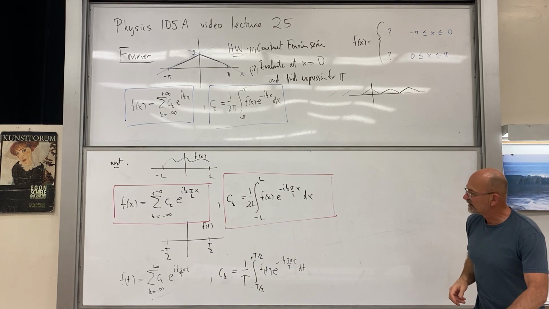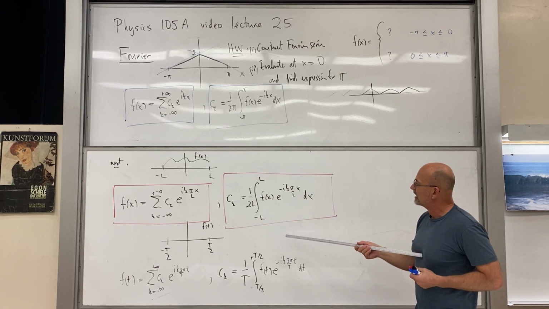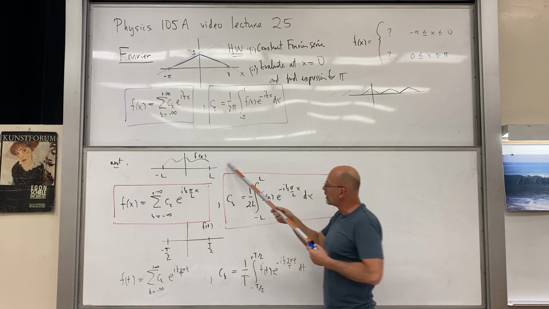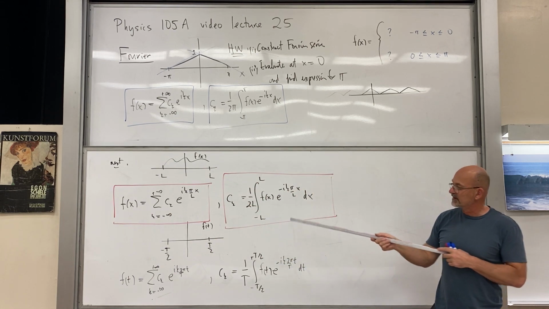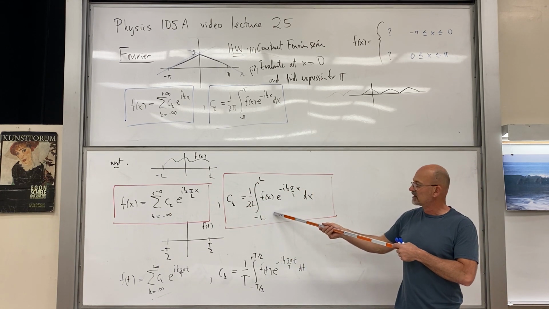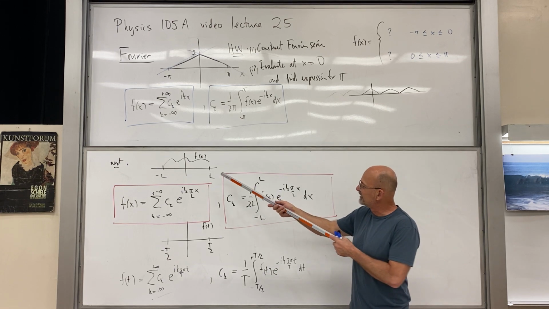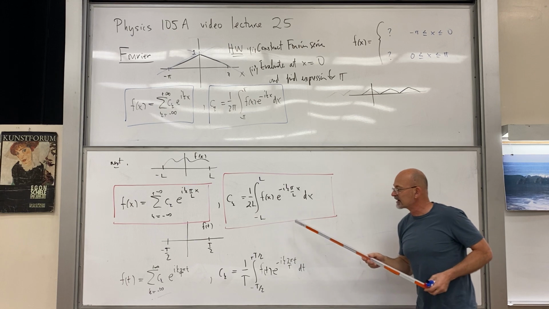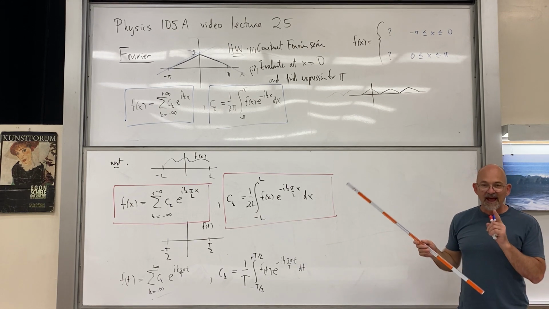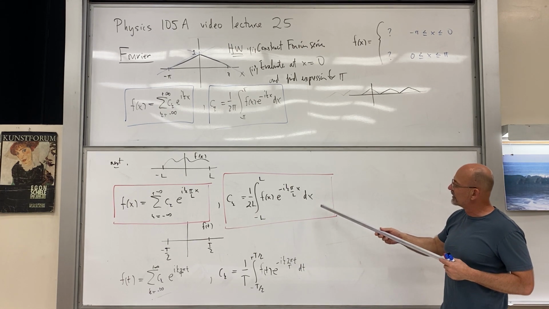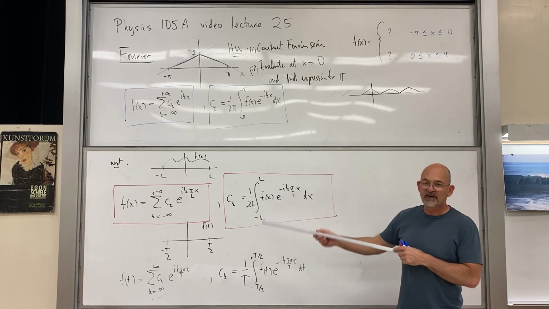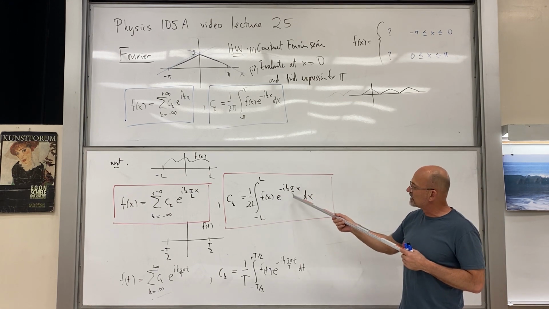This form here really begs the question, what happens if this interval gets arbitrarily large? Well, if it's arbitrarily large, nothing changes. Okay. But what happens if we could take this interval from minus infinity to plus infinity? What's going to happen is a little bit of a construction, but it's very, very natural.